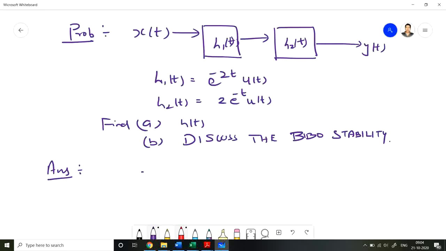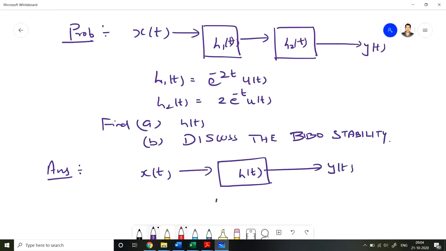We can replace it with a single impulse response, that is, the overall impulse response h(t) of the system. So what is h(t)? In our previous lectures we have seen that when two systems with impulse responses h1 and h2 are connected in cascade, the overall impulse response is the convolution of h1(t) with h2(t).